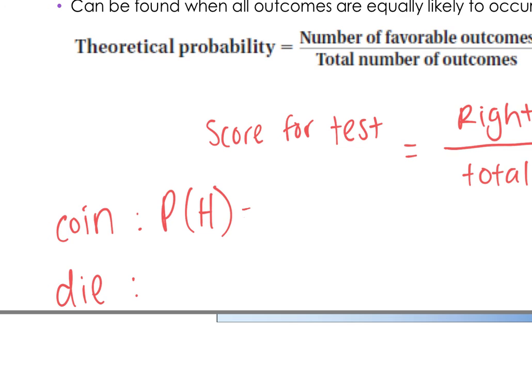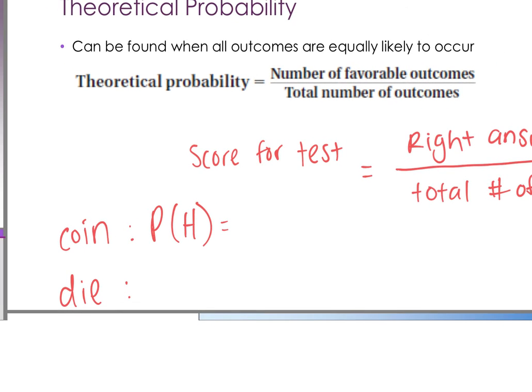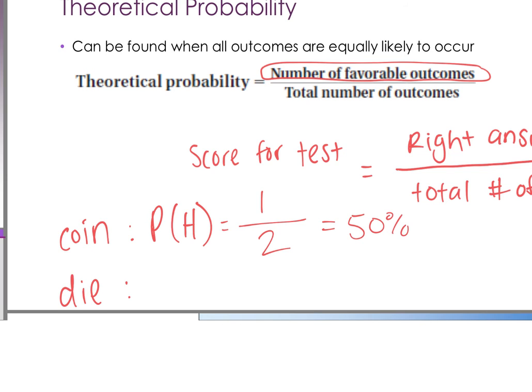So what is the probability of heads? Xavier? It's 50%, but let's list it as the number of favorable outcomes, which is 1, right? There's 1 chance that we flip heads out of how many possible outcomes are there? 2. And 1/2 simplifies to 50%.